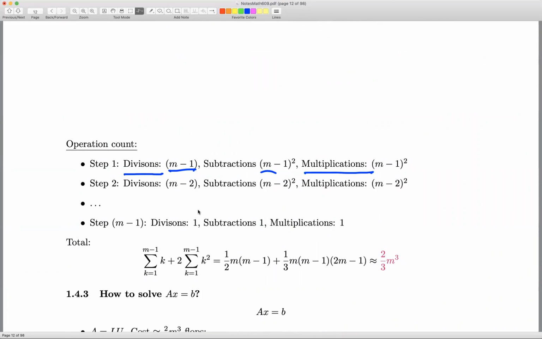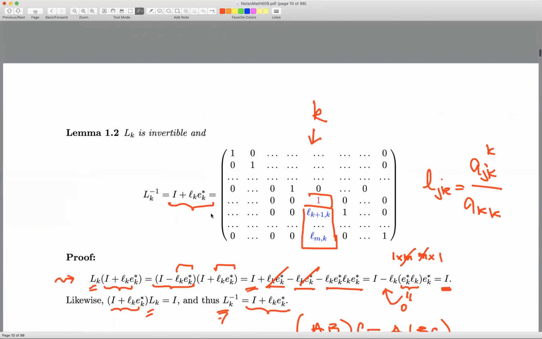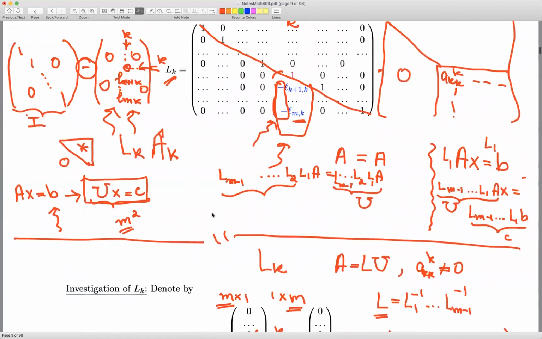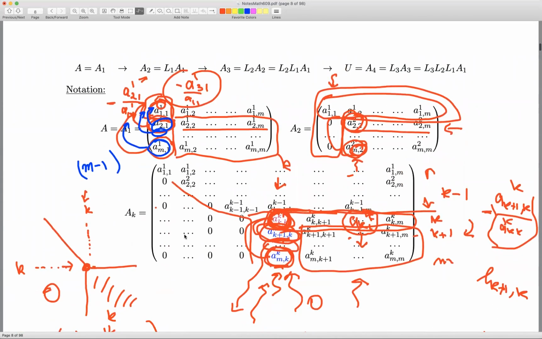Then we'll look at the number of subtractions and the number of multiplications. Once we do that, we multiply each term here by the L. So this is one multiplication, and we add it to this term here, which is one addition. Then this term here multiplied by L, one multiplication, added to this term here.